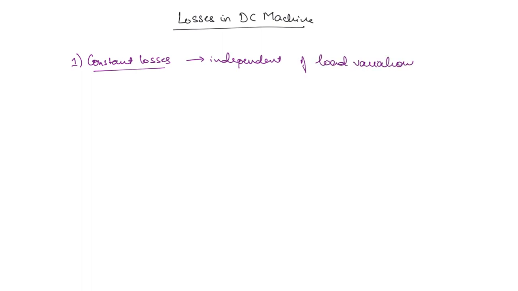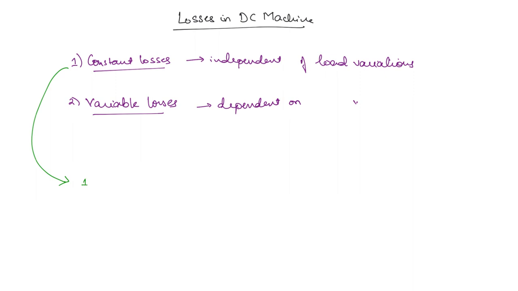And the second kind of losses is obviously the one which is dependent on the load. So we call that variable losses. This is dependent on load variations. So first we will see what constitute the constant losses in the DC machine.